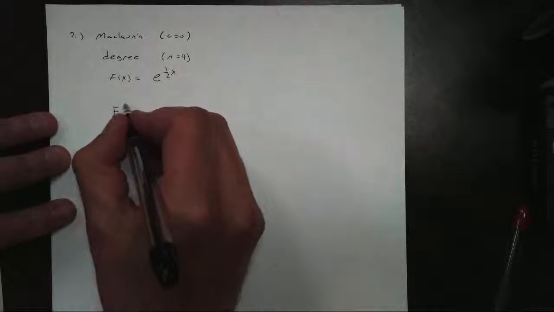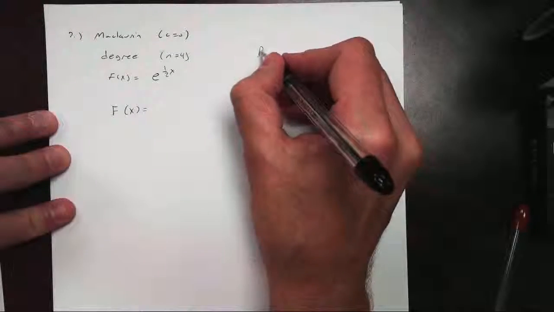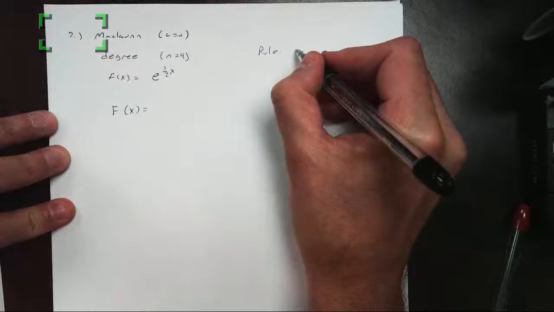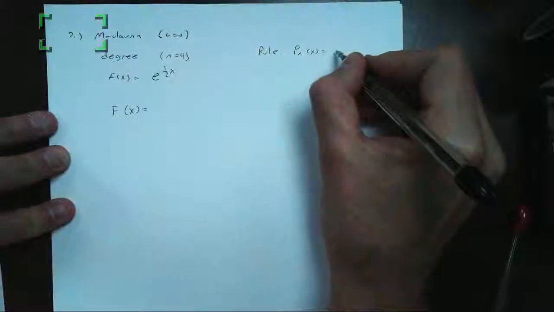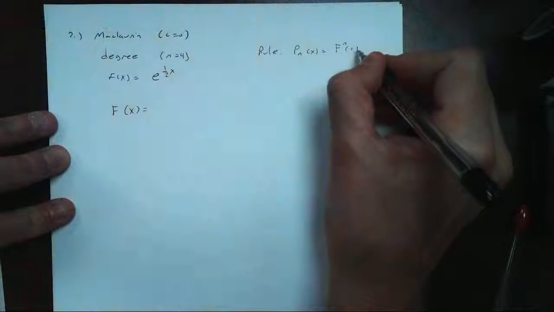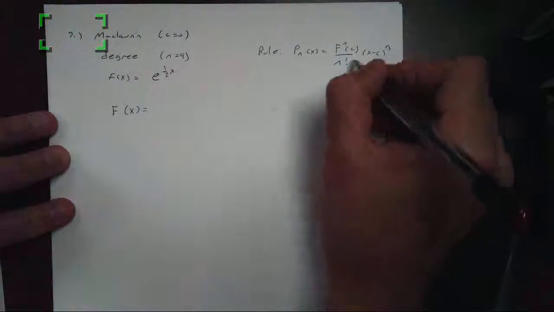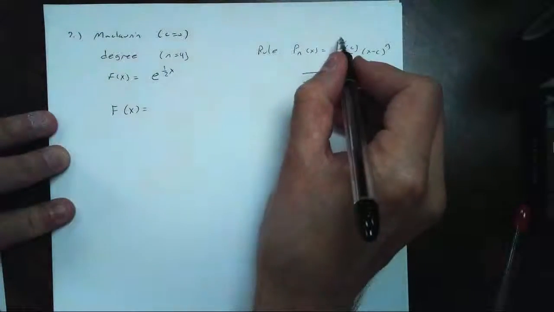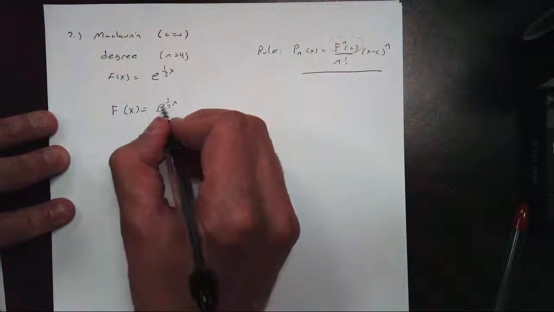So I just write it down. f of x, I need the derivatives. Remember my rule to get the polynomial: it's going to be the value of the derivative at c over n factorial times x minus c to the n. So I'm looking to find these values right now. So e to the 1/2 x.